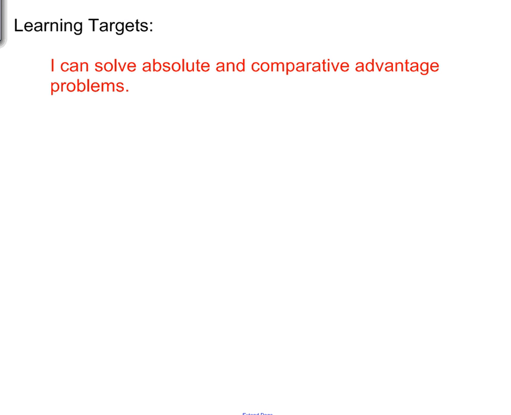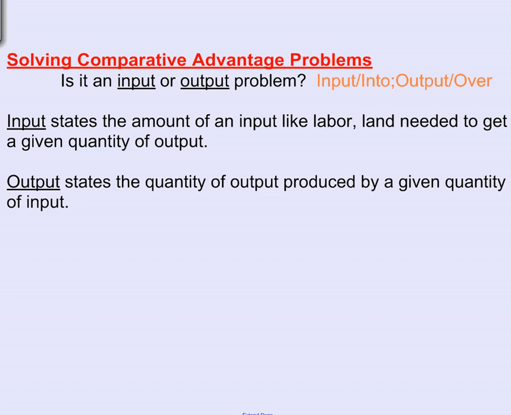So in this video, you're going to be learning how to solve comparative advantage problems, and along the way also absolute advantage. The very first step in solving comparative advantage problems is to diagnose or determine whether or not it's an input problem or an output problem.